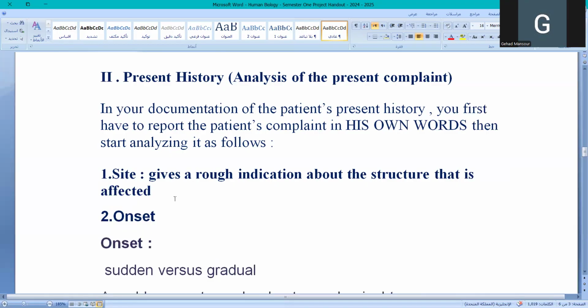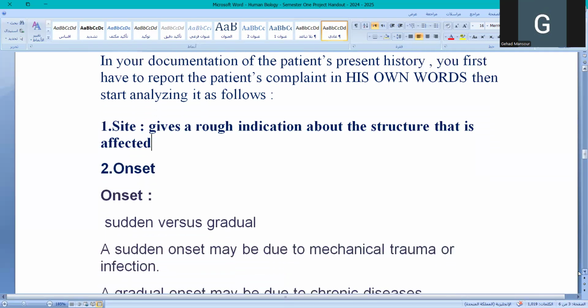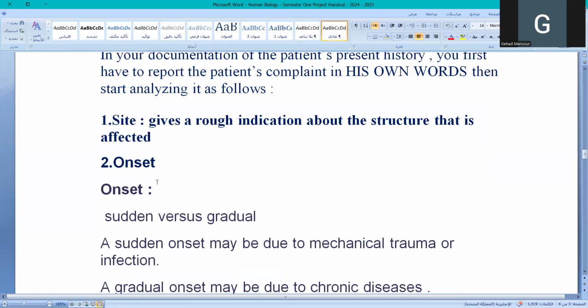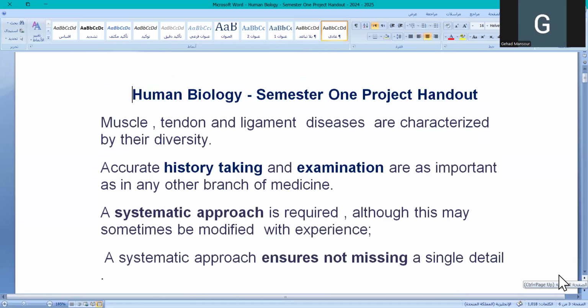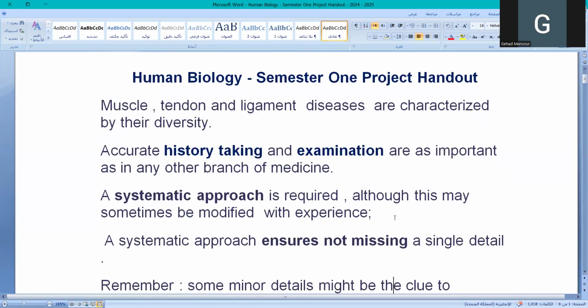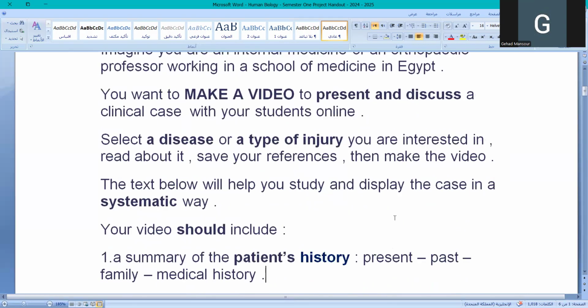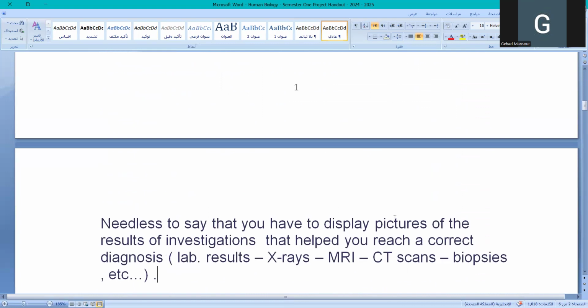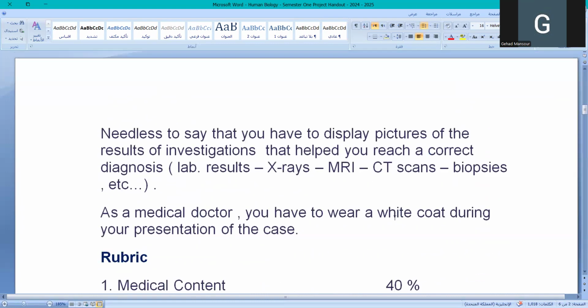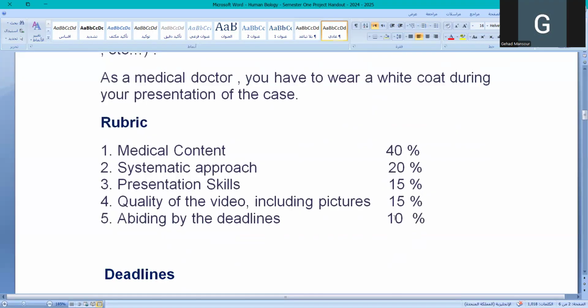Second, let's leave it after the onset, which is important, because if you have a gradual onset, then this is a chronic condition. But if you have an acute onset, this might be traumatic. If the patient tells you that all this trouble has occurred all of a sudden, then it is an acute onset, and most probably it might be due to a traumatic injury.